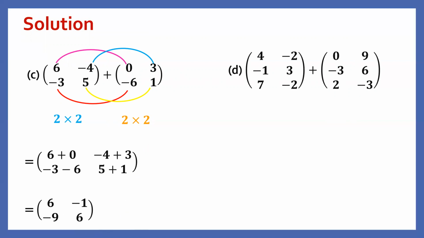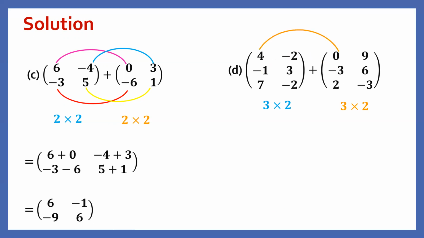Part D, we check the order of the matrix first. So we have a 3 by 2 for the first matrix. Second matrix as well, 3 by 2. Both matrices have the same order. This means we can add.